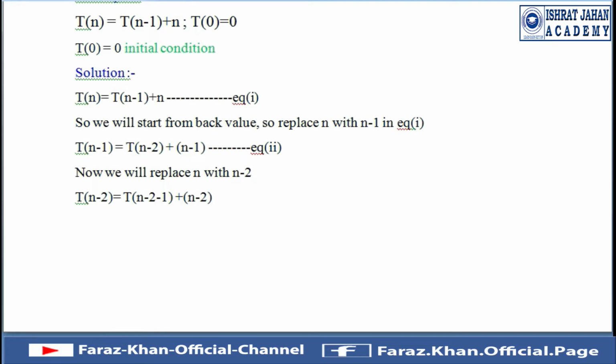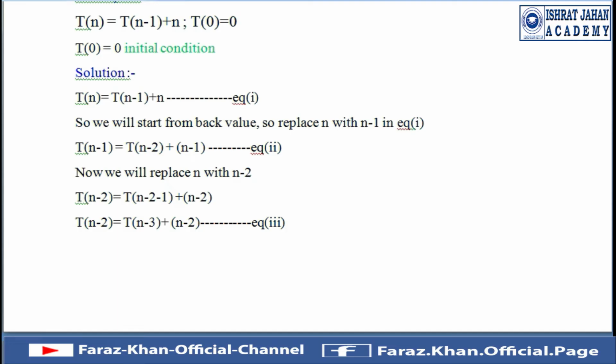So when we further solve it, it will become T of n minus 2 is T of n minus 3 plus n minus 2, right? So we can call it equation number 3.